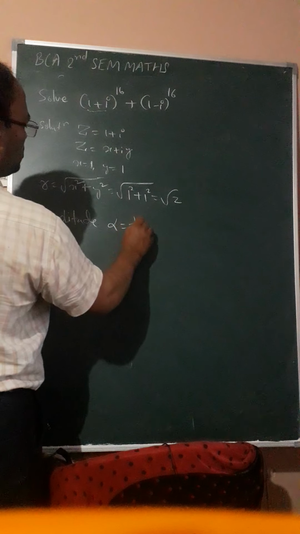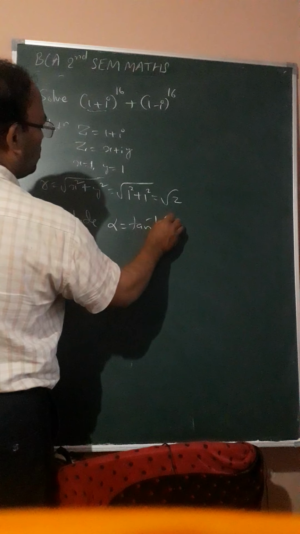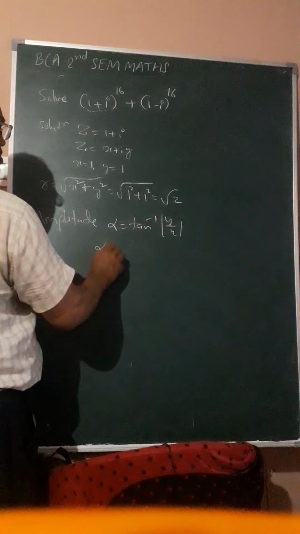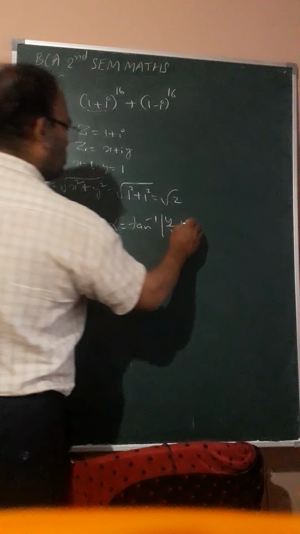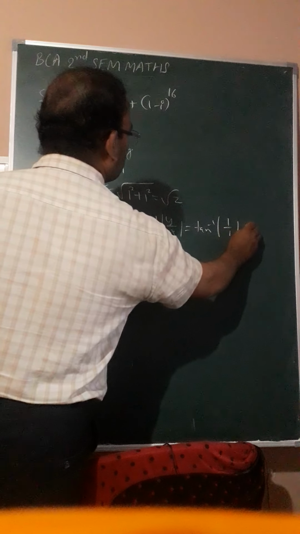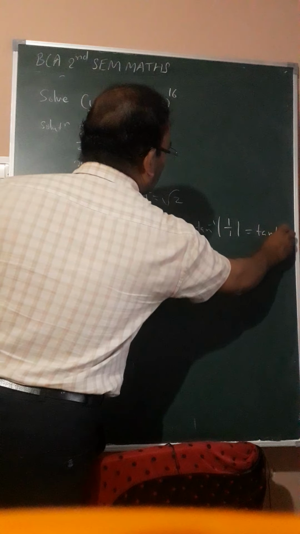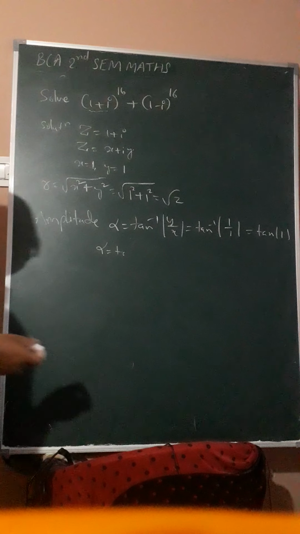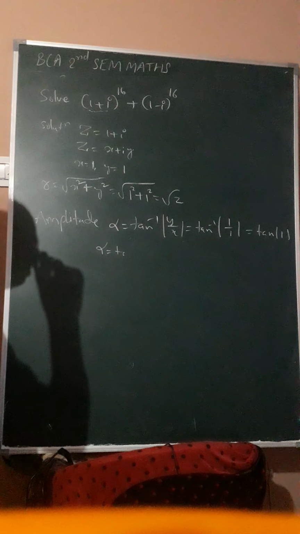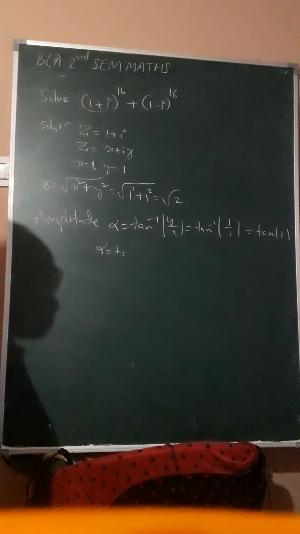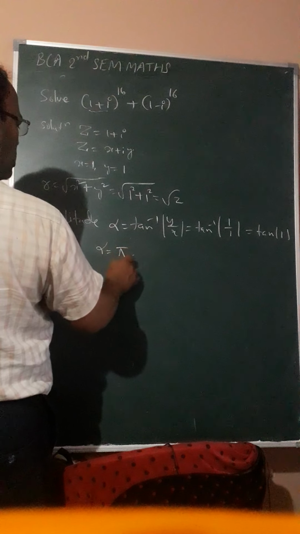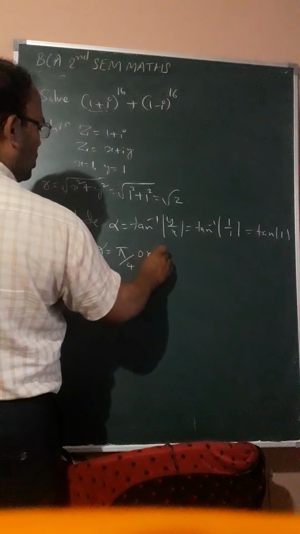Alpha is equal to tan inverse of y by x, which is tan inverse of 1 by 1, tan inverse of 1. Which angle has tan equal to 1? That is tan 45 degrees, that is pi by 4. Alpha is equal to pi by 4 or 45 degrees.